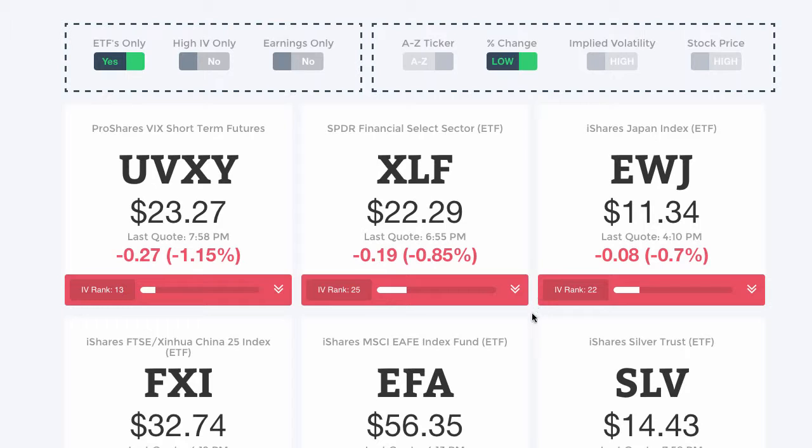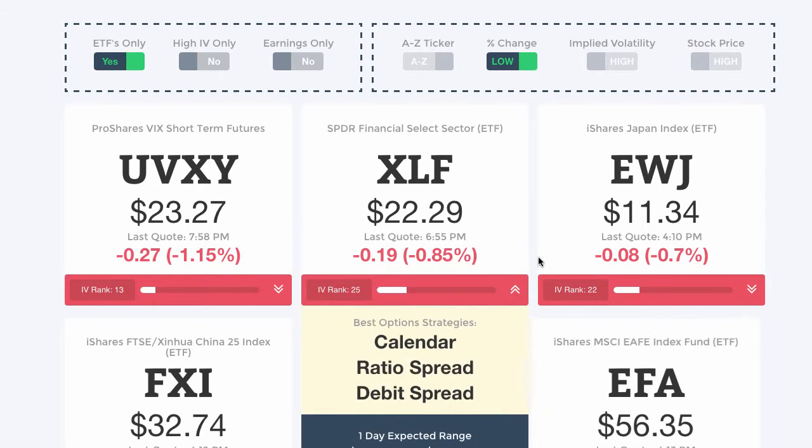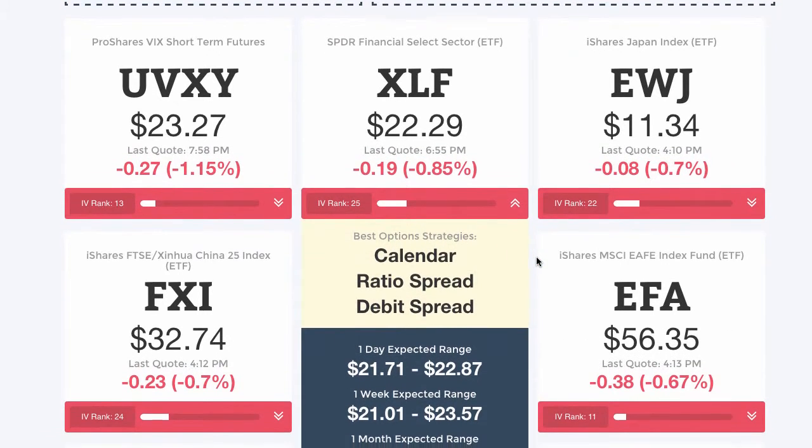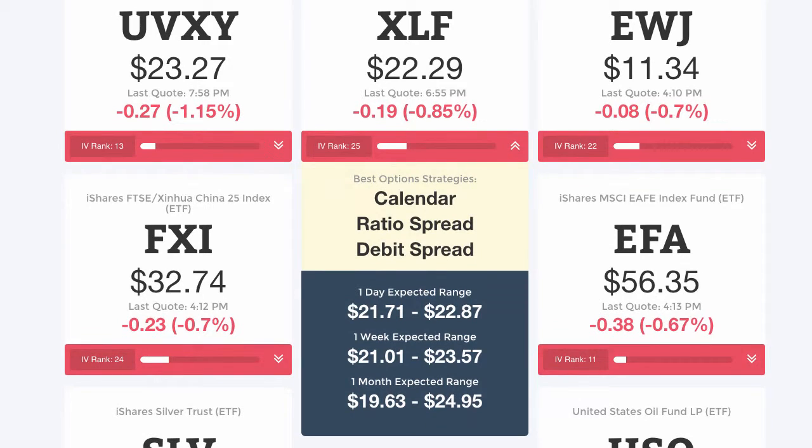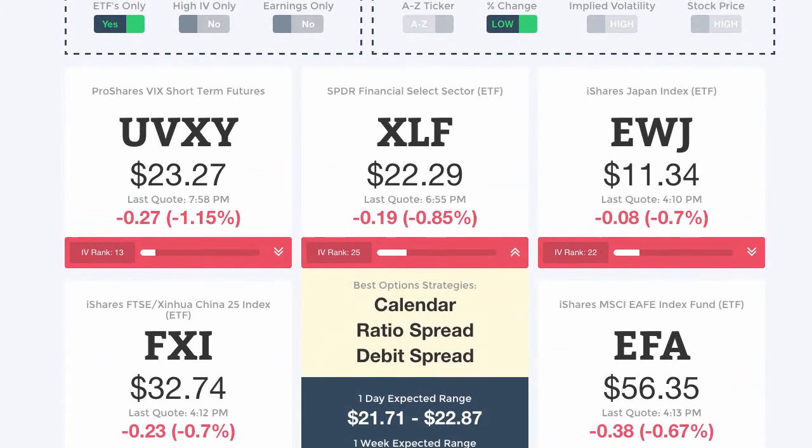So you might come in here and see that XLF has moved down about 85 basis points in the last day. So that might be a good candidate for you to then continue to trade bearish. And again, based on implied volatility rank, the system automatically recognizes that if you're going to trade XLF, you should be doing it with a calendar spread or a ratio spread or a debit spread.